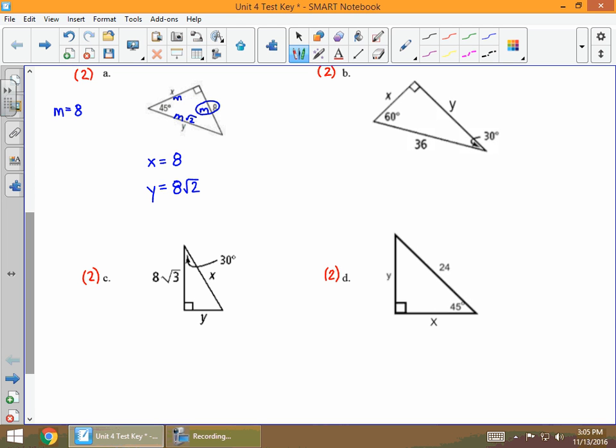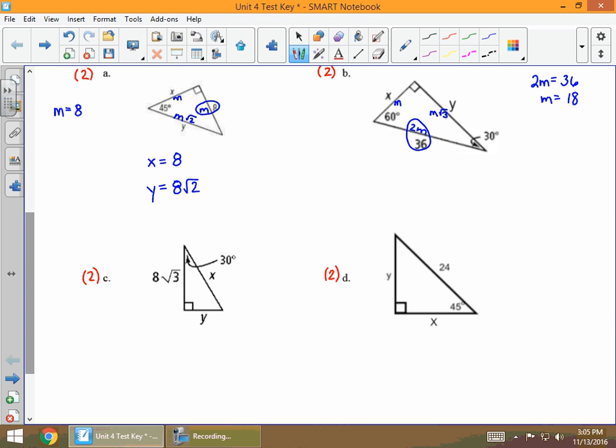Let's move over to B. B is a 30, 60, 90. So across from 30 is m, across from 90 is 2m, and across from 60 is m radical 3. Find your equation. Here's my equation. 2m equals 36. So that means m is equal to 18.